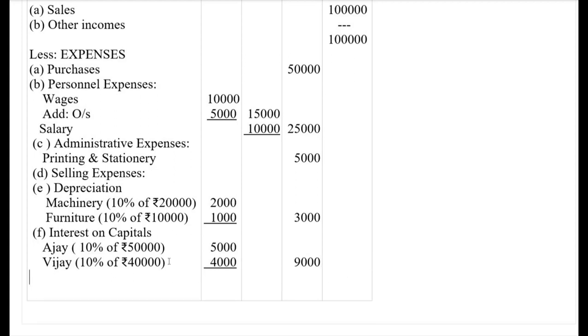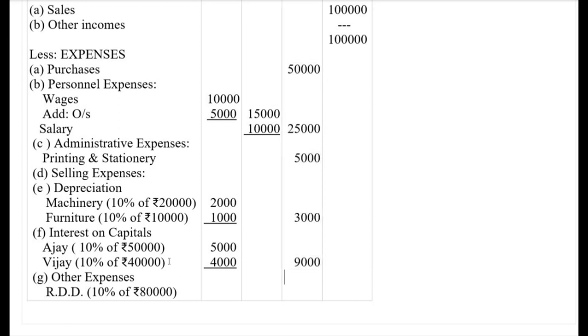Then next, G, other expenses. Under this here, RDD. So RDD is given as 5% of debtors here. The value of debtors is given as rupees 80,000, which comes to rupees 4,000.